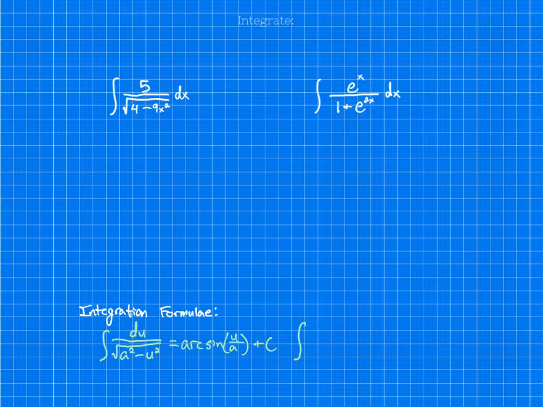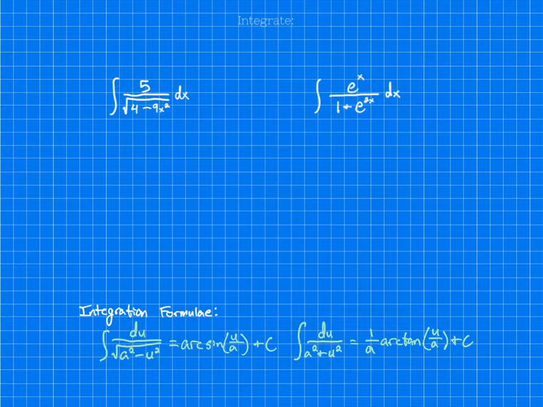And the other one we'll be using is the integral of du over a squared plus u squared, which is equal to 1 over a times arctangent of u over a plus c. Like I've mentioned before, arcsecant is something to know, but it simply doesn't appear very often. It's highly, highly uncommon. These are probably the two best integration formulas to memorize if you wanted to go that route. So let's take a look at both of these problems.